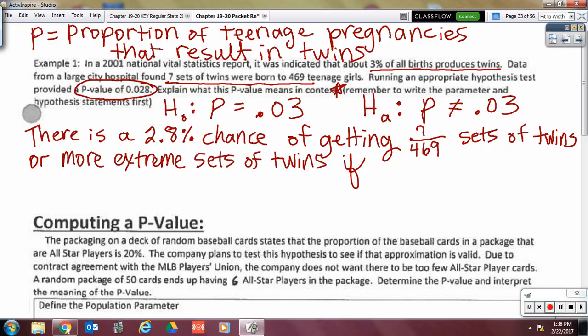Okay, now what's the last part of the song? The p-value is the probability, good, 2.8% chance of getting this sample, 7 out of 469 sets of twins, or something more extreme, if the null is true, but we want to do that in context. If, in fact, what's the null hypothesis saying?